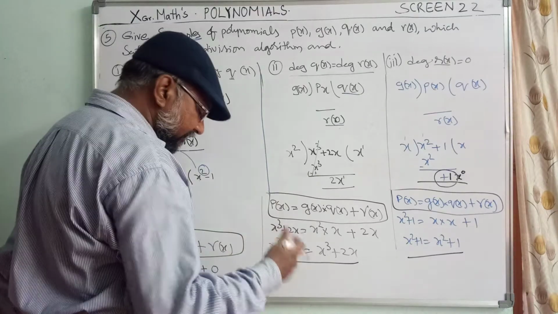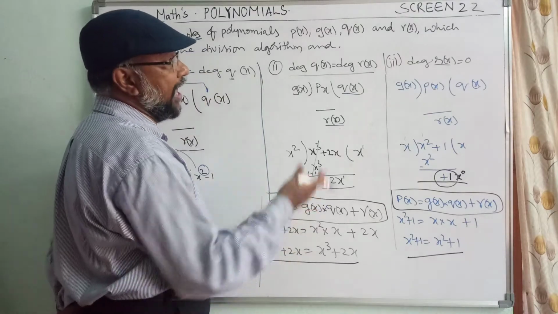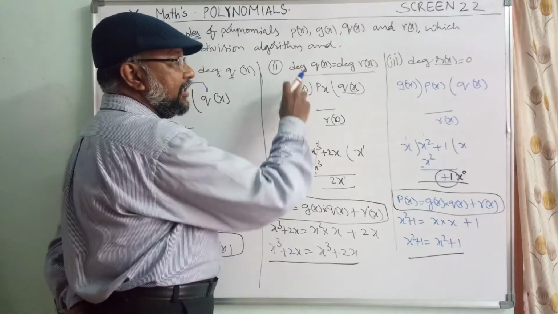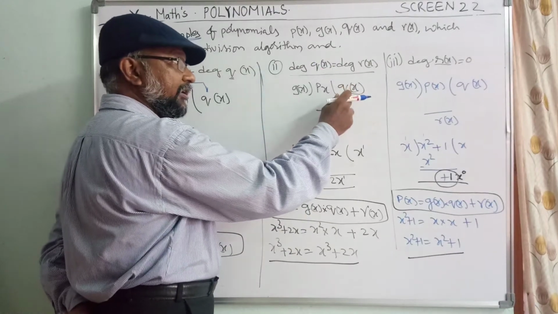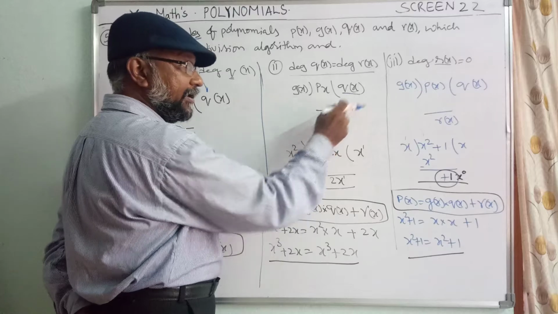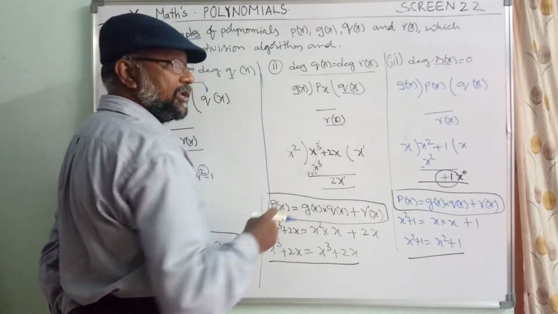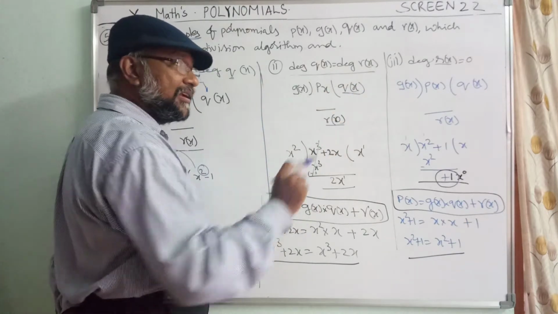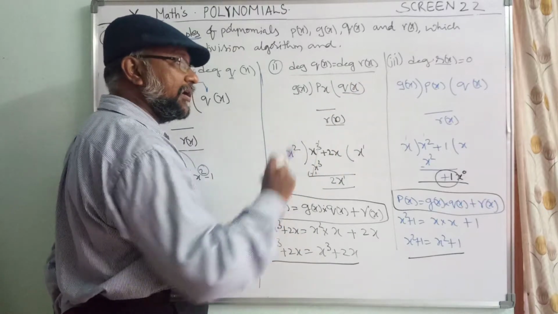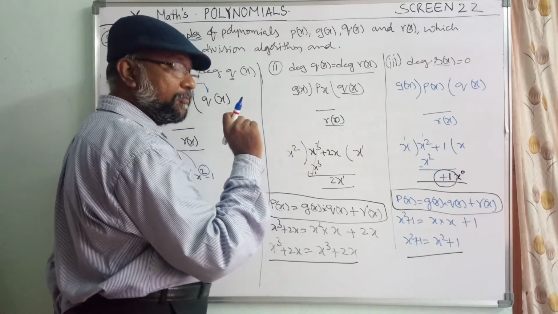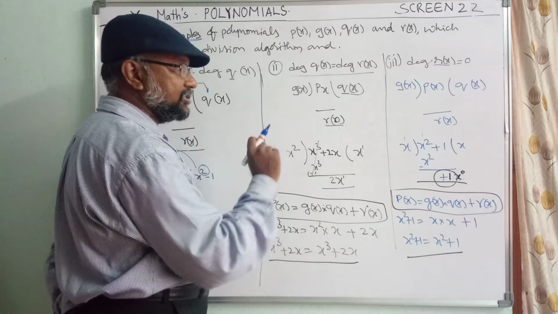Now they are asking us to prove another condition, degree of quotient and degree of remainder. These two degrees must be equal. I am not saying that the terms are equal, but the degree, meaning the power of that variable, must be the same.